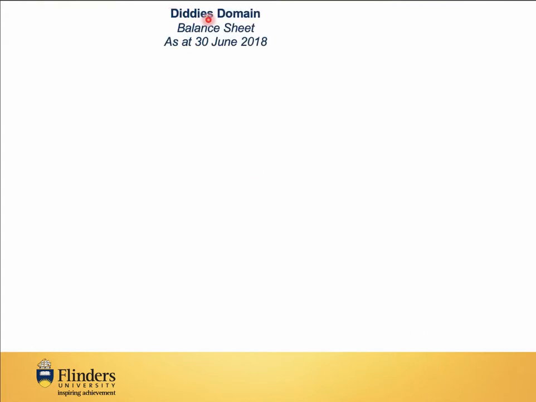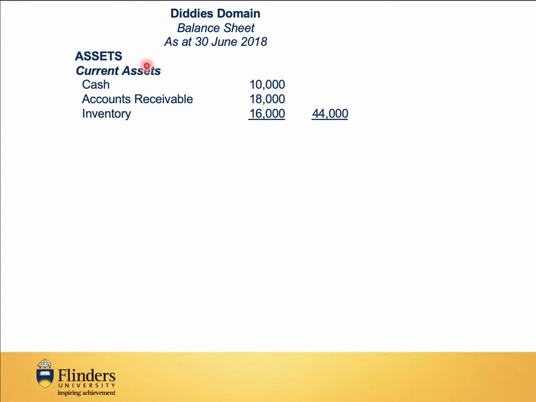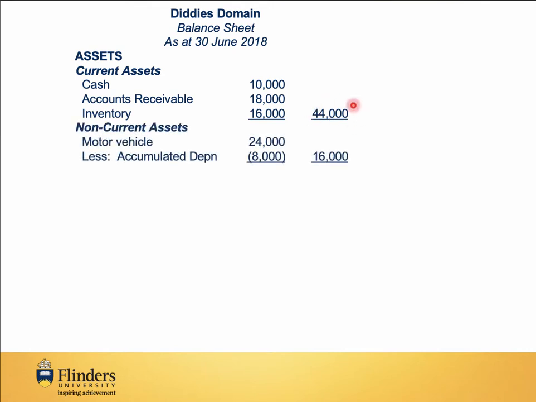Remember, we start by writing the name of the business, the name of the statement, and the date in this format. So we start with the asset section. Current assets, we had cash 10,000, accounts receivable 18,000, inventory 16,000, total 44,000 current assets. Then we list the non-current assets.